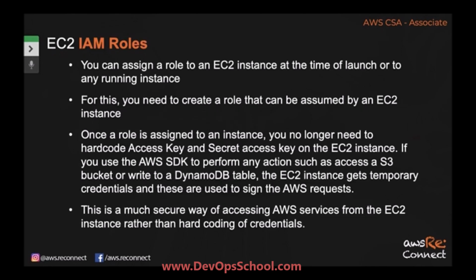Okay. Second is EC2 IAM roles. If you remember, we have created a role so that EC2 should have full access to S3, right? So what does it mean to you? What is the benefit of creating an IAM role and giving EC2 full access to S3?